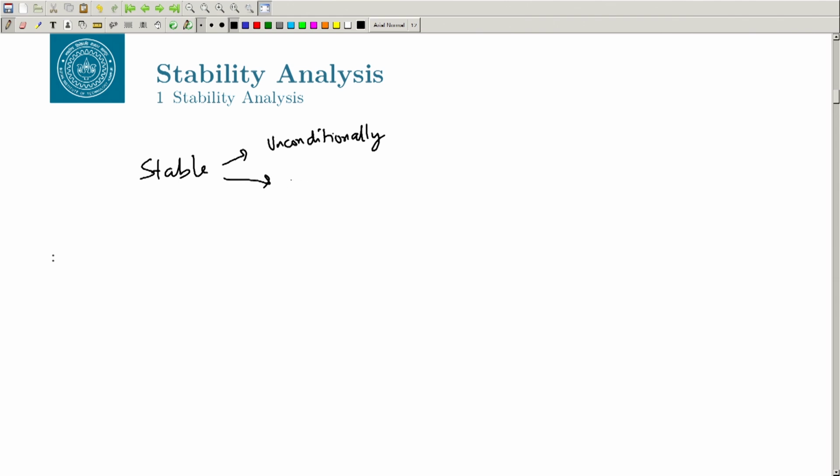Or it can be conditionally stable like what we saw in the case of FTCS for diffusion, where the scheme is stable only if alpha is less than or equal to half. And then you can have unstable schemes, which can also be unconditional or conditional. You can have an unconditionally unstable scheme, which means regardless of what alpha or lambda value you use, it will always be unstable.